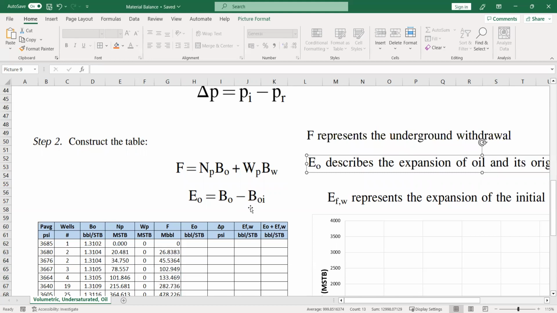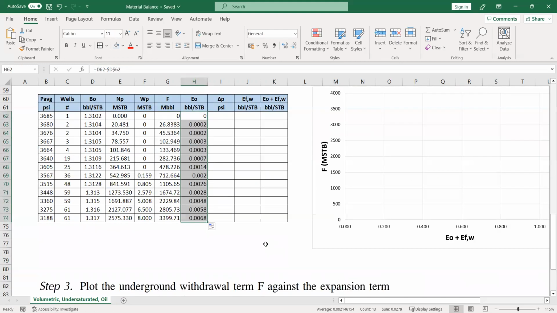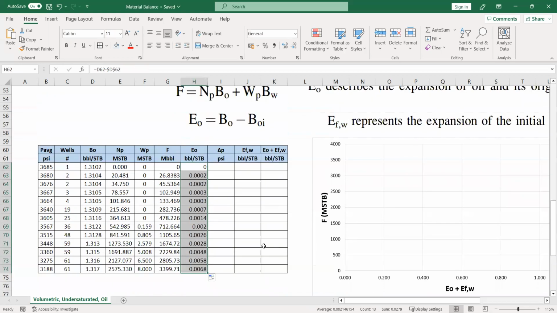All right, because BO will be bigger than the BOI and EO will be positive. So that's why it should be like this, BO minus BOI, and then you lock this value, and then just double click like this in Excel. Okay, so you get the value.